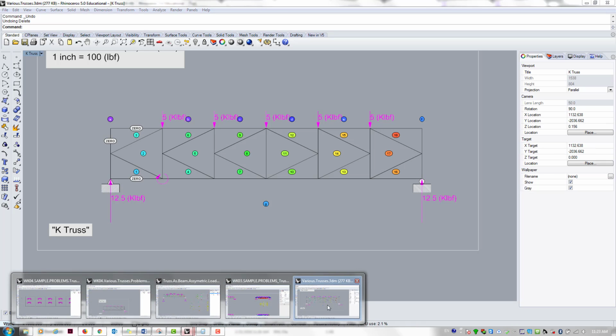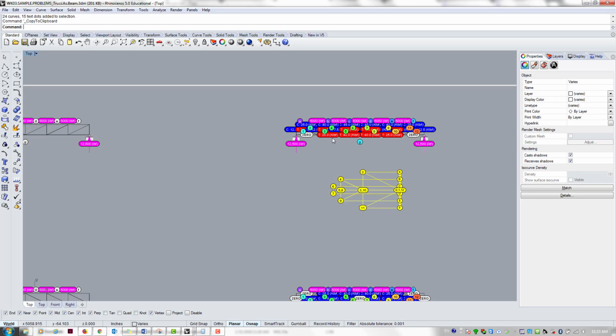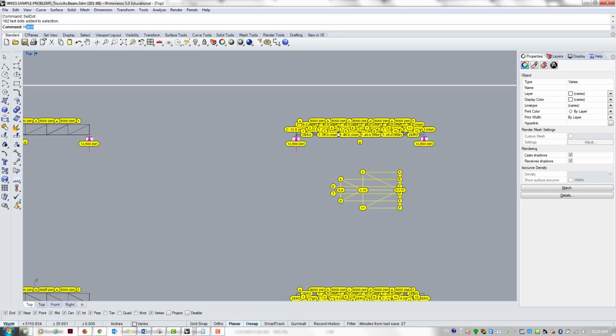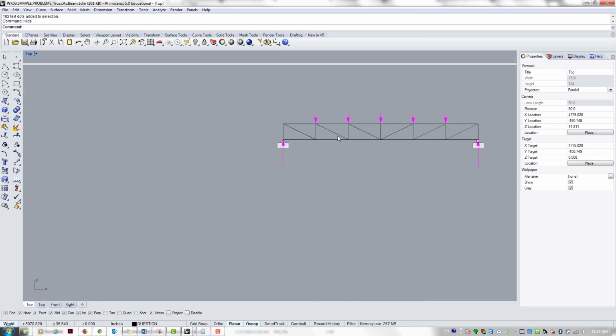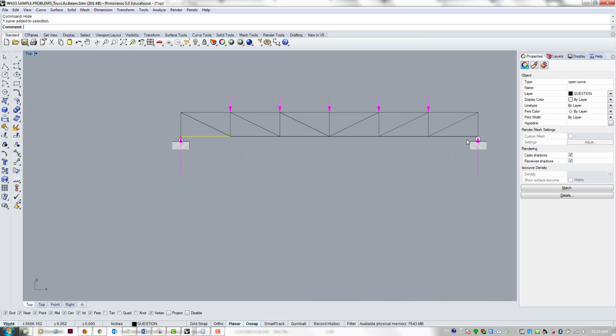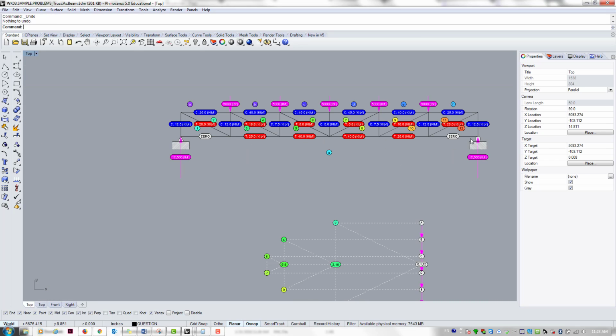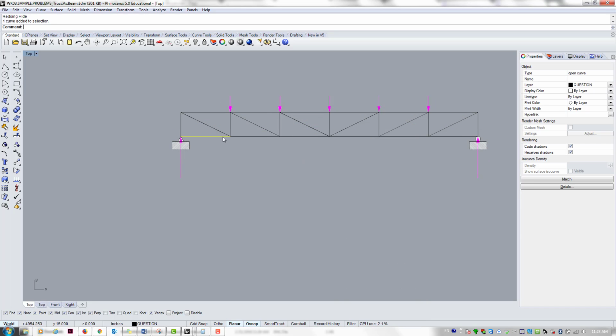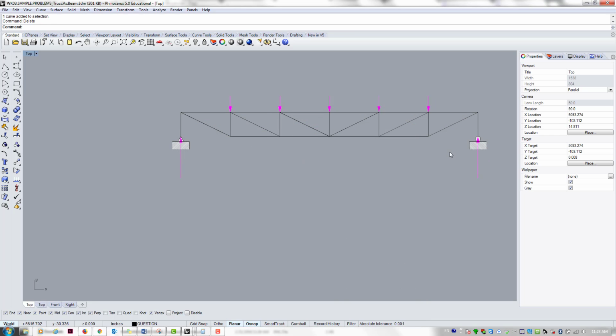Was kind of the same thing as on these guys, right? We had a zero force member here, so it would be the same story if you had something like this.